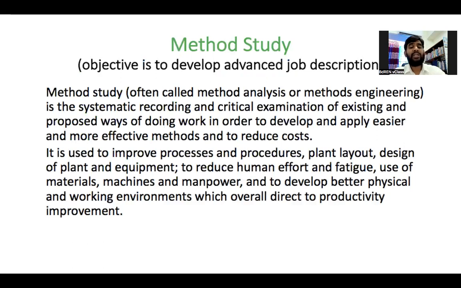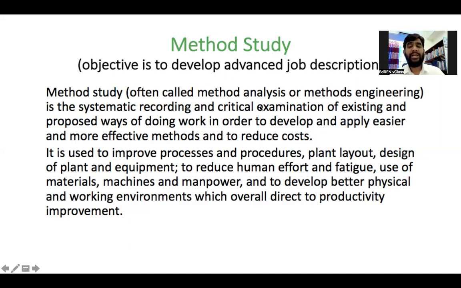Method study objective is to develop advanced job description. Method study, often called method analysis or methods engineering, is the systematic recording and critical examination of the existing and proposed ways of doing work in order to develop and apply easier and more effective methods and to reduce cost.